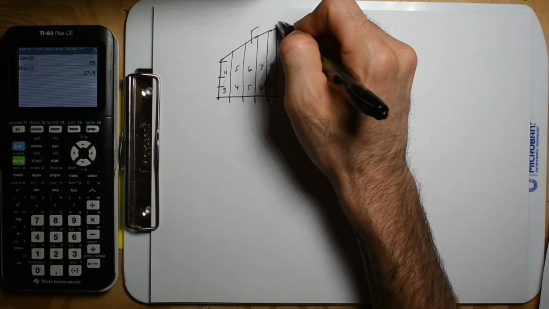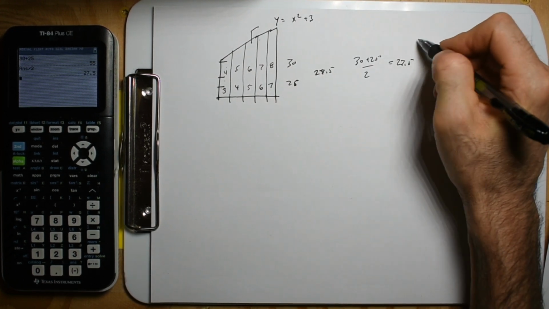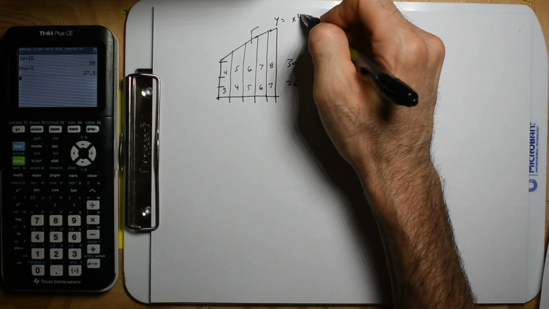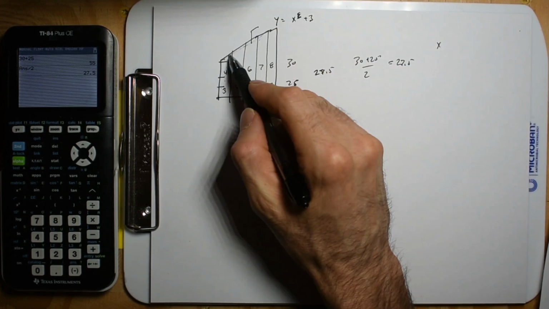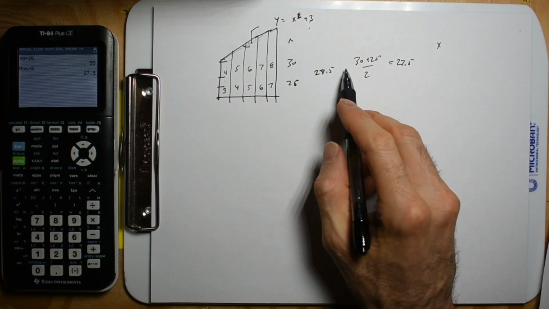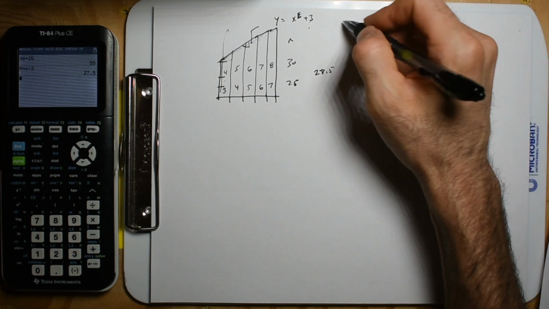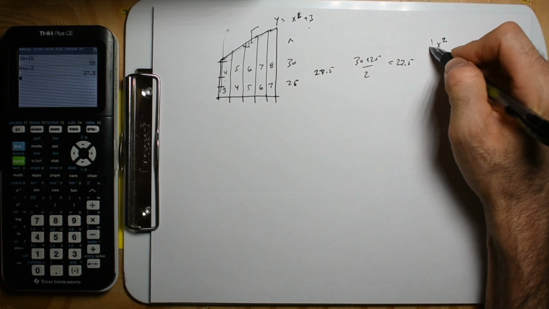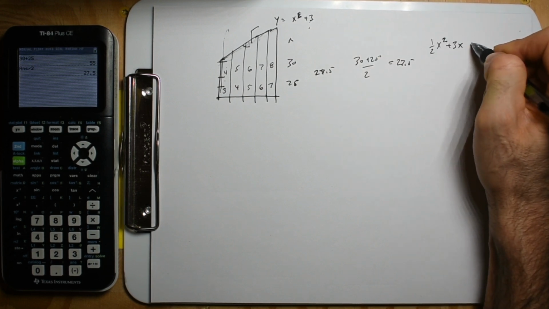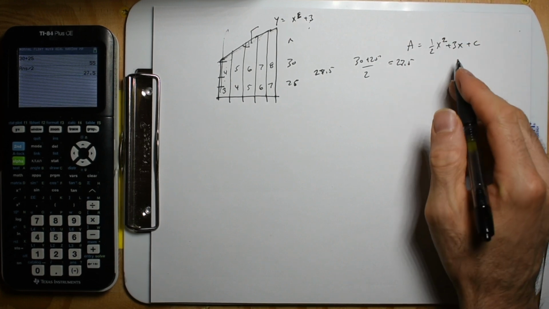And this is going to have an equation of y equals x plus 3. The slope of this line is 1, and it hits the y-axis at positive 3. So if we integrate that, we're going to get 1 half x squared plus 3x, and plus a constant, and this is our area equation.